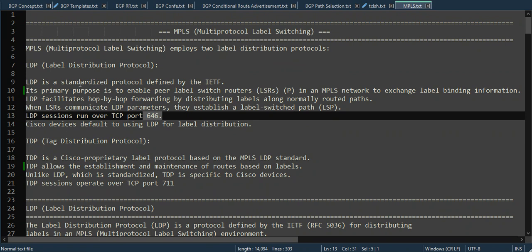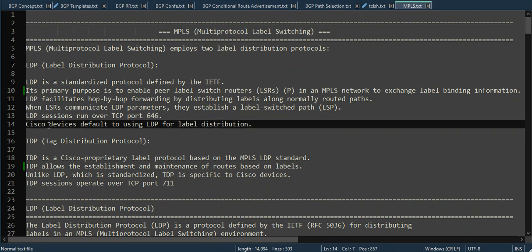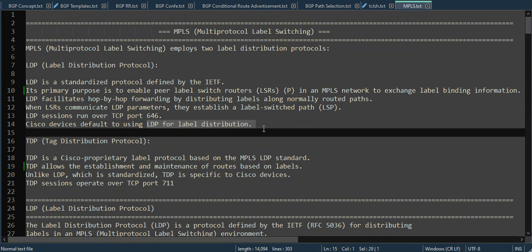This is the default in Cisco devices. Cisco devices default to using LDP for label distribution.